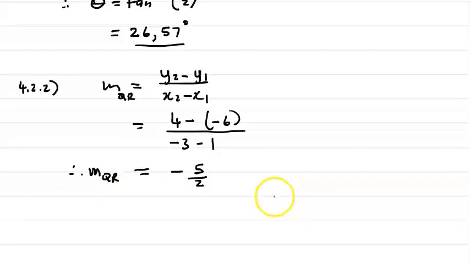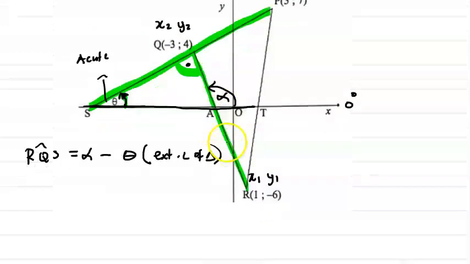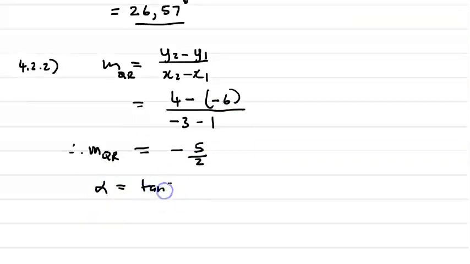Now let's find the angle of inclination of this particular line QR. Now we want to find alpha. Don't forget that this line slopes in a direction where we have a negative gradient. This is how we deal with a negative gradient when finding the angle of inclination. Watch very carefully. Alpha equals tan inverse of minus 5 over 2, and we're going to add 180 degrees because we are going to get an obtuse angle.